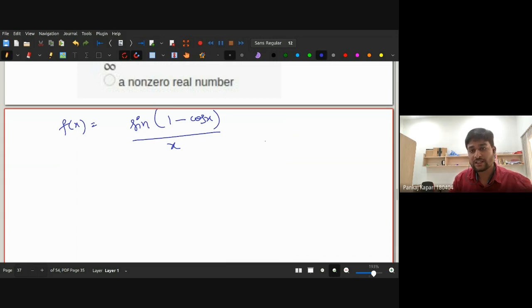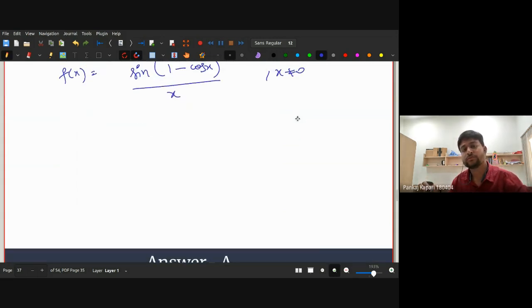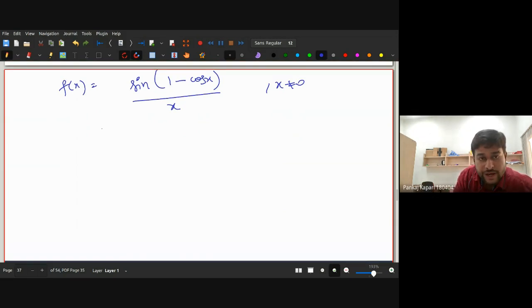So assume that x is non-zero. And what we will do is write this function as sine of 1 minus cos x divided by 1 minus cos x, into 1 minus cos x divided by x.